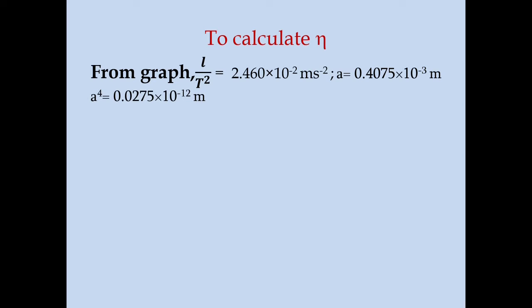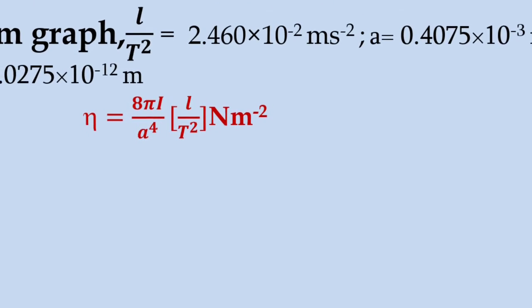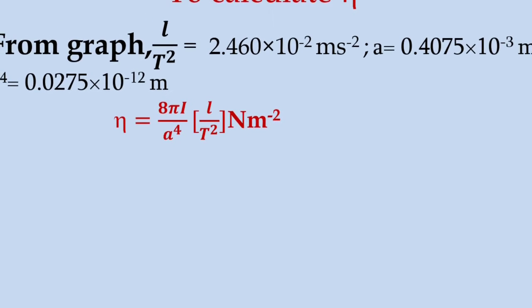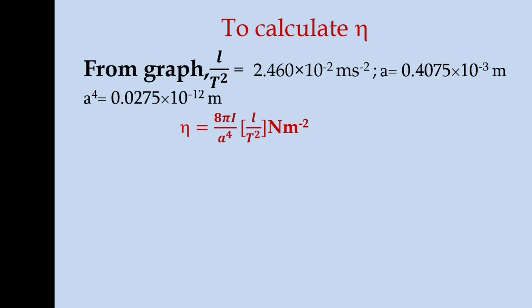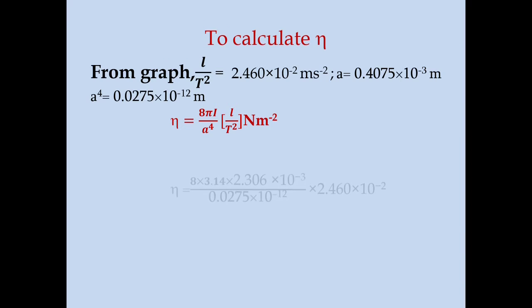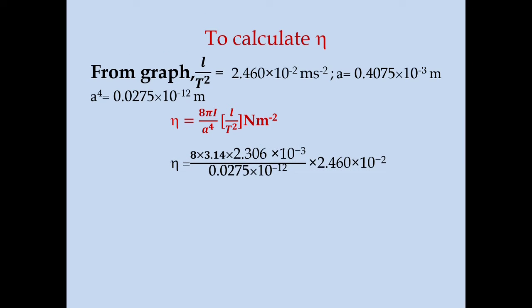Then A power 4 is 0.0275 into 10 power minus 12 m. The formula to calculate the rigidity modulus is eta equals 8 pi I by A power 4 into L by t square. Already we have calculated I, the moment of inertia of the circular disc used in the torsional pendulum.